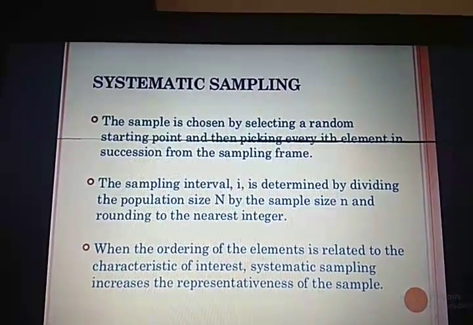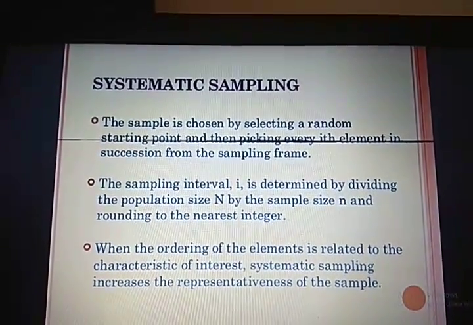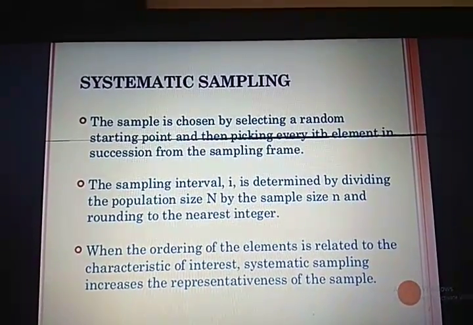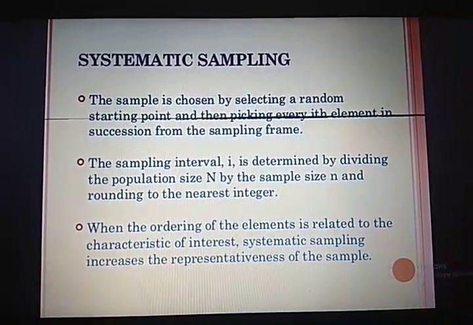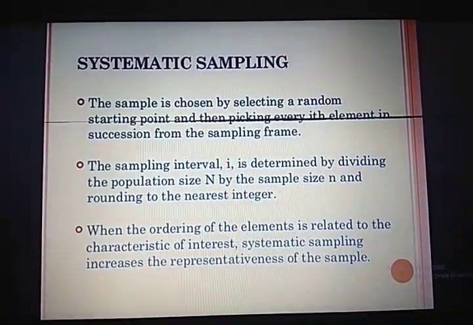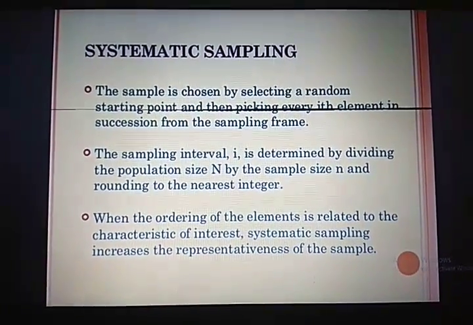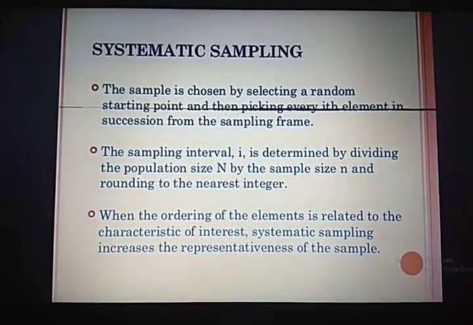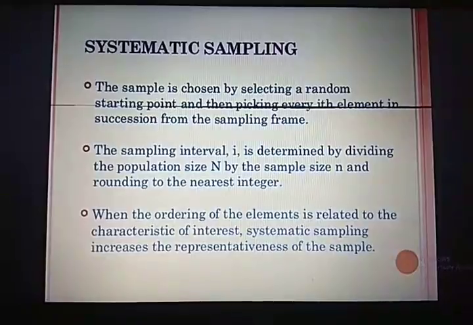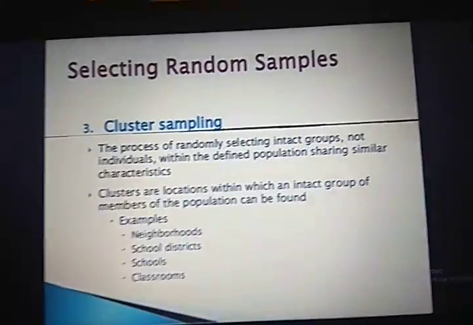The sampling interval i is determined by dividing the population size N by the sample size n, and rounding to the nearest integer. And when the ordering of the elements is related to the characteristic of interest, systematic sampling increases the representativeness of the sample. Now next we talk about cluster sampling.